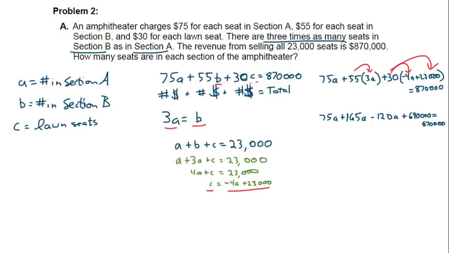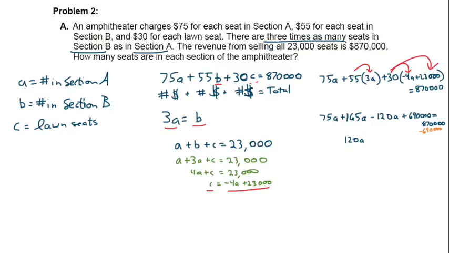Alright, now combine all your terms. 75 plus 165 minus 120 is 120. Is that right? I guess so. So that combines to 120A. I'm going to go ahead and move the 690,000 to the other side.